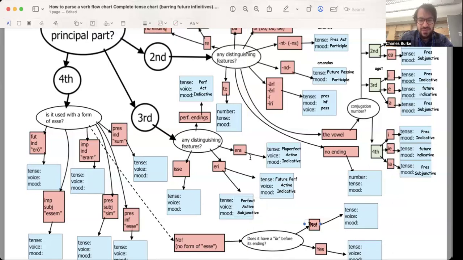Isse, I messed up here. There are two answers for isse. If isse doesn't have endings, which seems to be the suggestion here, then it is the perfect active infinitive.